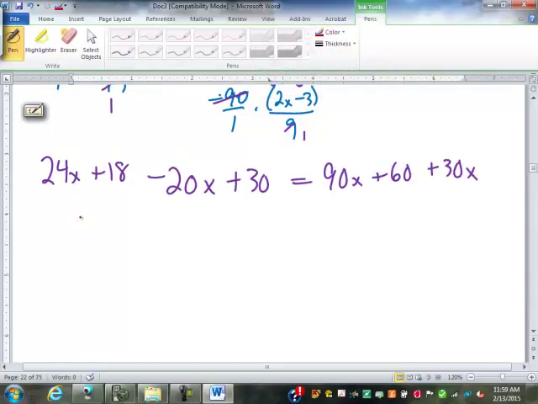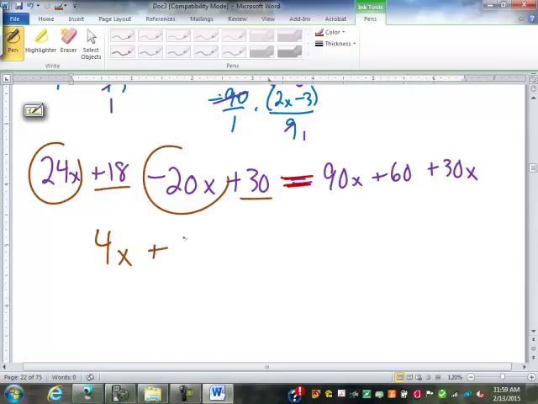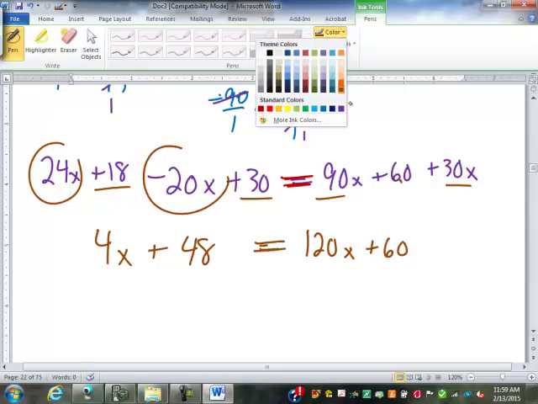So next, we're going to combine on each side. So on the left side of the equal sign over here, I'm going to combine 24x and negative 20x to make 4x. 18 and 30 make 48. On the other side of the equal sign, 90x and 30x make 120x plus 60.